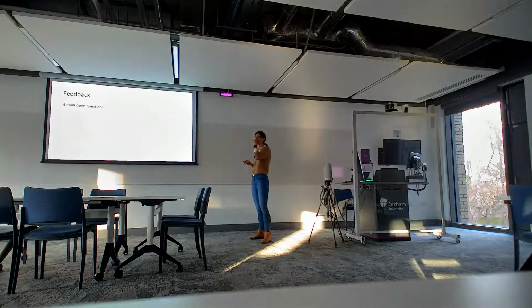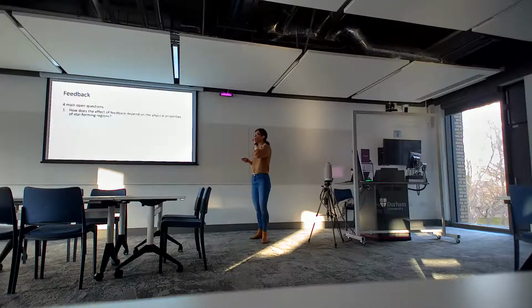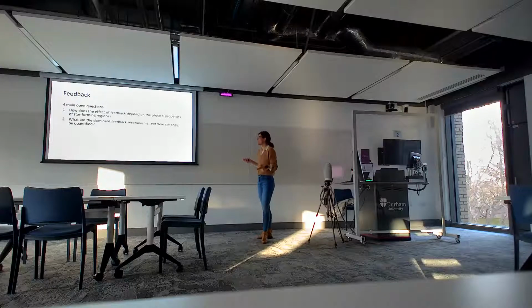So in the field of stellar feedback, there are four main open questions, or at least the topical ones. The first one is, how does feedback depend on where the massive stars form? Does it matter whether a massive star forms in a Milky Way type galaxy or in a Large Magellanic Cloud kind of galaxy? What are the dominant feedback mechanisms? I talked about radiation pressure and supernovae and ionization.